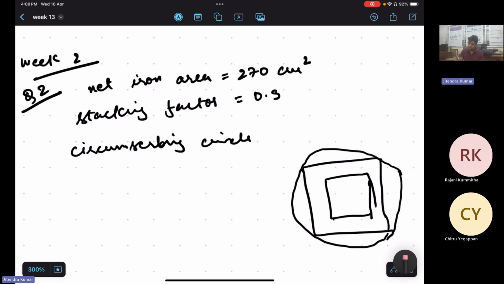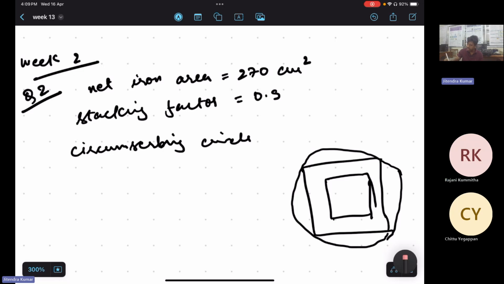First find the total area of the core, and then how can we relate the area of this core and the area of the circle? The area of the iron core is given, right?